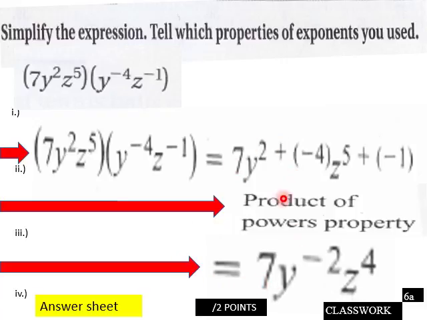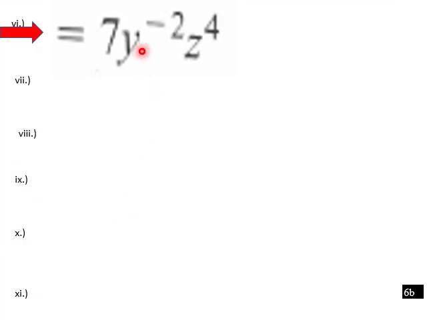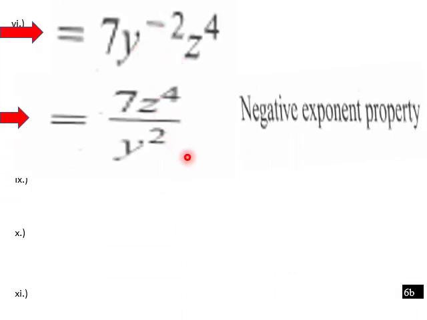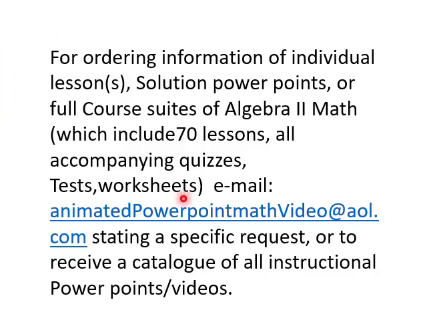And then when we go ahead and do our adding and subtracting of powers, we end up with 7y to the negative 2 power z to the 4th. And 7y to the negative 2 z to the fourth, we would flip this down under here. 7y to the negative 2 power will be 7z to the fourth over y squared.